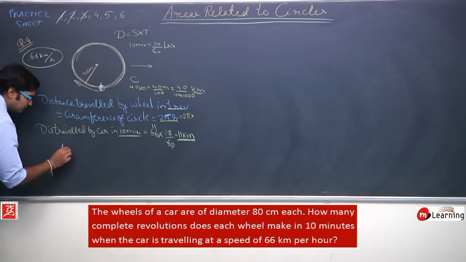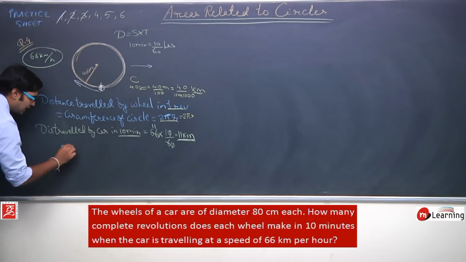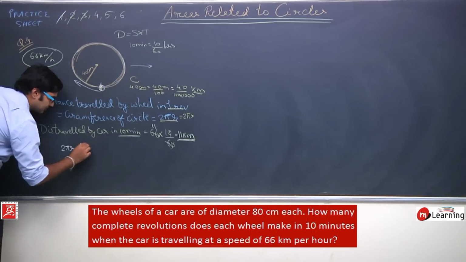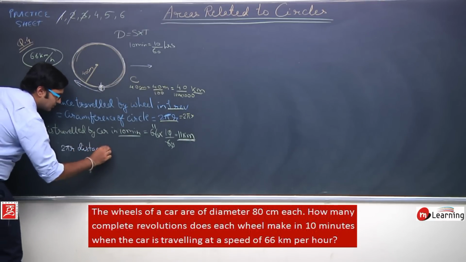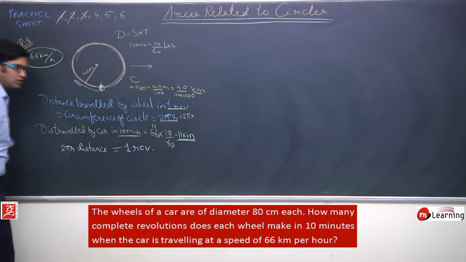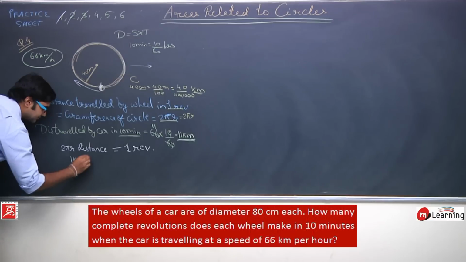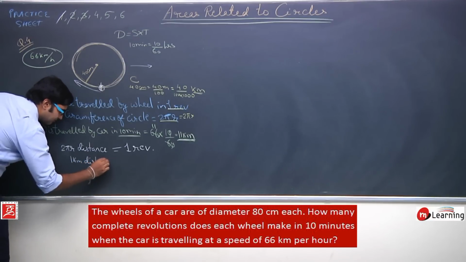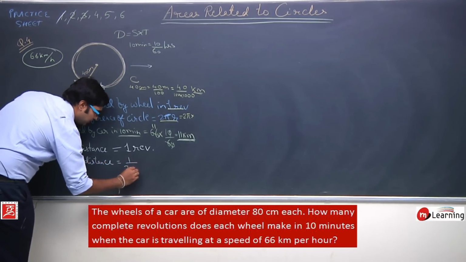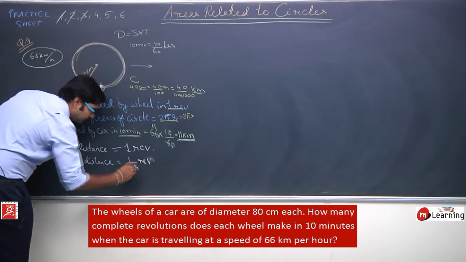So what I will say is, one revolution is 2 pi r distance. So 1 kilometer distance is equal to 1 upon 2 pi r revolutions. Okay, 1 upon 2 pi r revolutions.